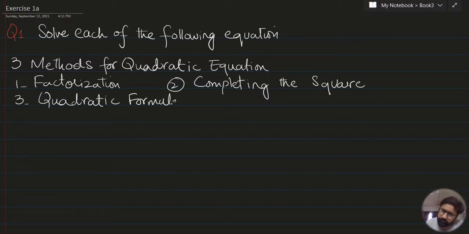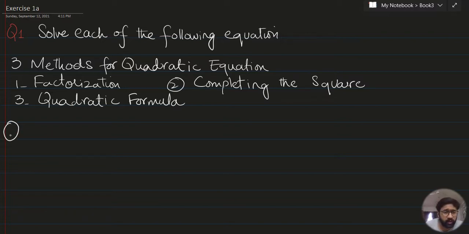For a few questions in exercise 1A I'm going to apply factorization, and for a few questions where it is very much necessary to apply completing the square, I'm going to use that method. The quadratic formula we are going to do in the next exercise.